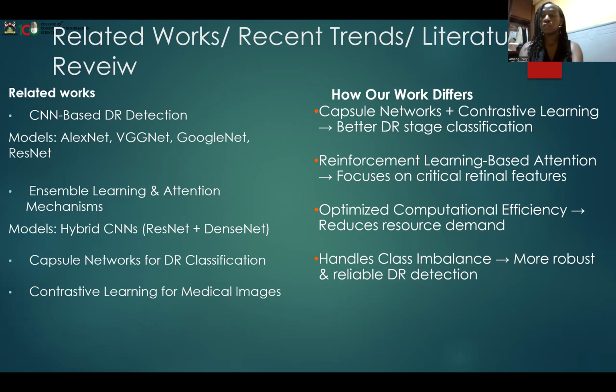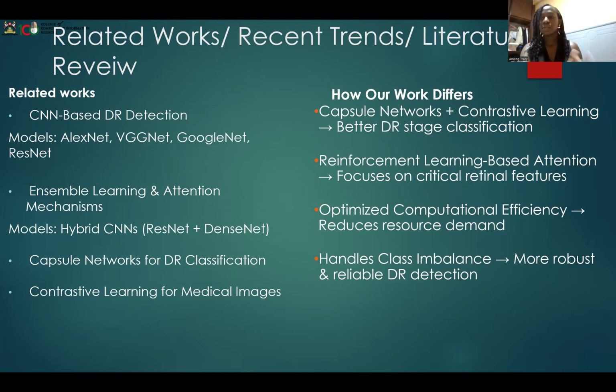Basically what goes on here is that it combines multiple models to improve overall performance. Now, these attention mechanisms help to focus on the most important parts of the image or the most important features, such as the blood vessels, which are useful in identifying the subtle signs of DR. Then we'll move to the capsule networks for DR classification.